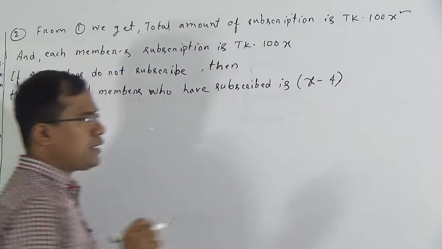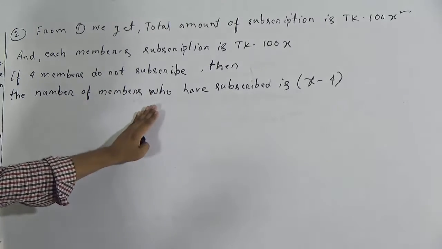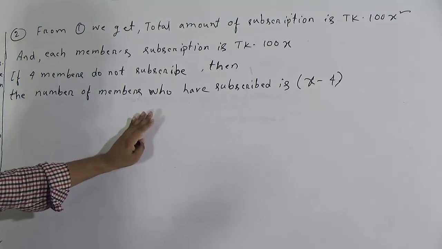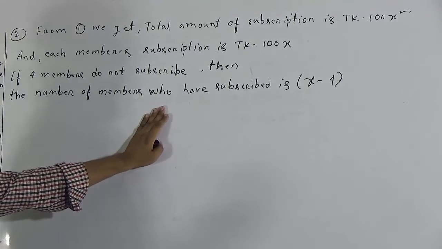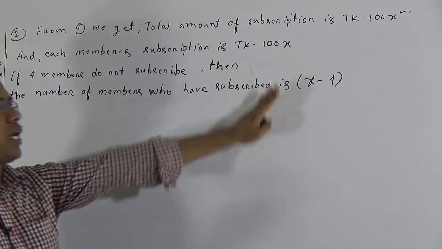In this case, each member subscription will be increased by TK 500. That means each member subscription will be 100x plus 500.